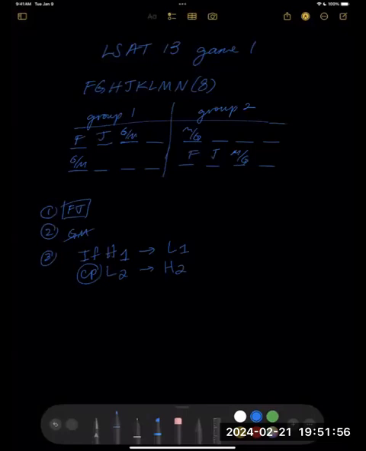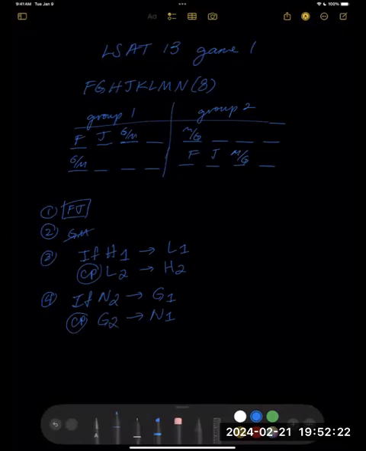Rule 4, if N is in group 2, then G must be in group 1. The contrapositive of that would be if G is not in group 1. So if G is in group 2, then that's going to push N to not be in group 2, and N will actually have to be in group 1.